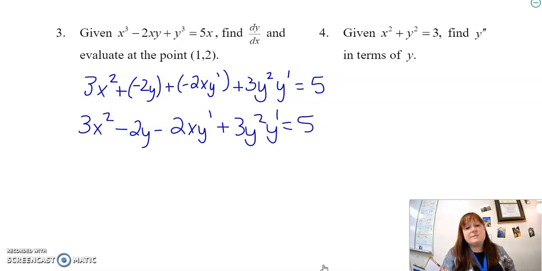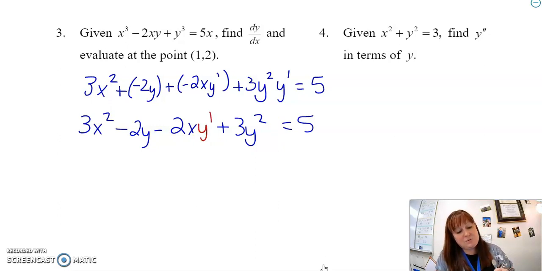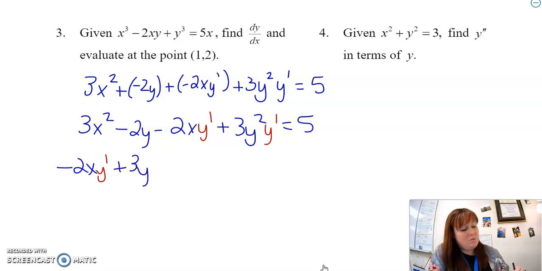Now this one's not as easy because there's 2 things that have a y prime in them, okay? So I'm going to make that a different color so we remember that's what we're trying to get alone, okay? So let's get everything else on the other side. So I have negative 2x y prime plus 3y squared y prime equals 5 minus 3x squared plus 2y.